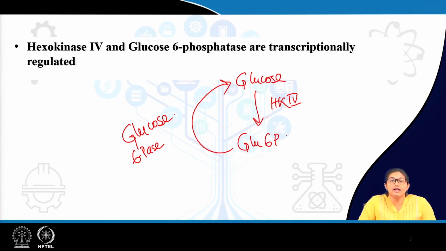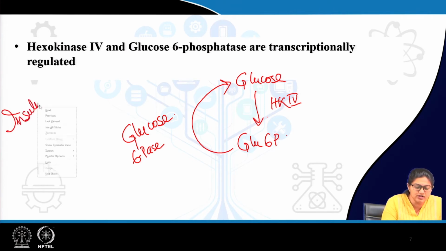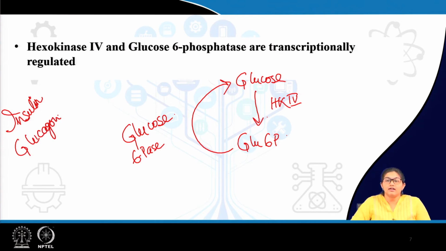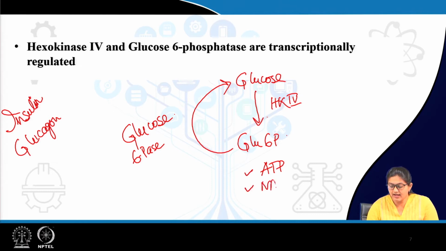Now, this transcriptional regulation is mostly done by the hormones insulin and glucagon. And the signals for conversion to the phosphorylated or dephosphorylated form are few molecules, as I told you in the previous class, like ATP, which signals for excess energy, NADH.